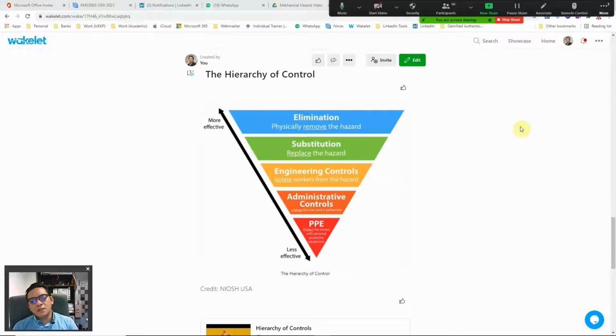It is basically putting in some kind of engineering design that does not rely on human. The keyword here is that engineering control does not rely too much on human. So it runs by itself.